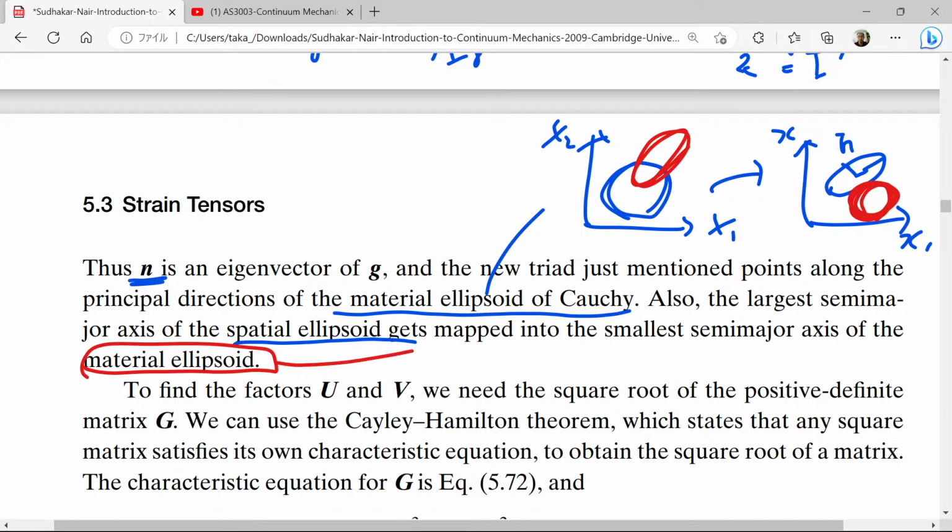This is like, I would say, spatial ellipsoid in material coordinate.